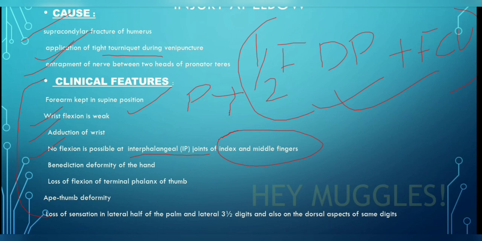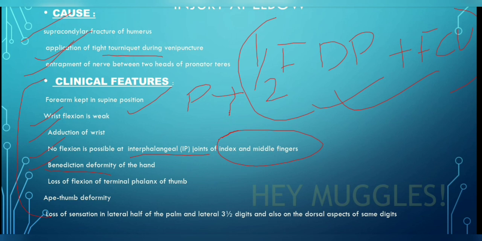Then there would be benediction deformity. What is benediction deformity? In this deformity, when a patient tries to make a fist, right, the index and middle finger remain straight. It is because of your paralysis of superficial and deep flexors of these fingers, right?